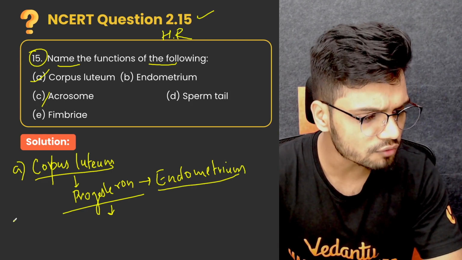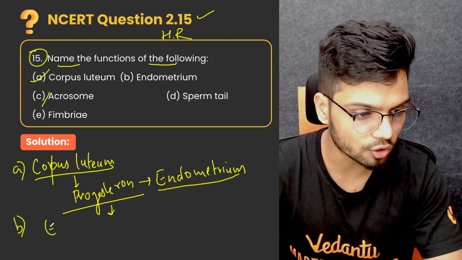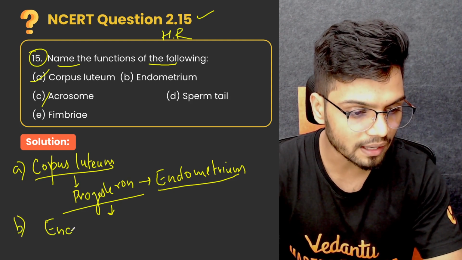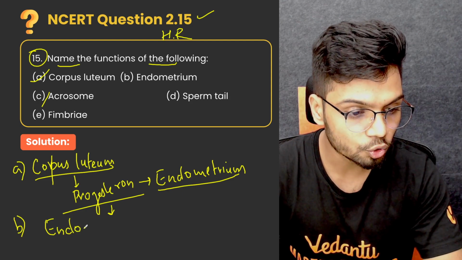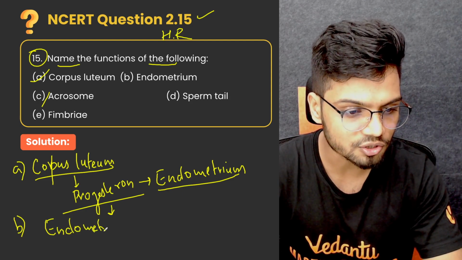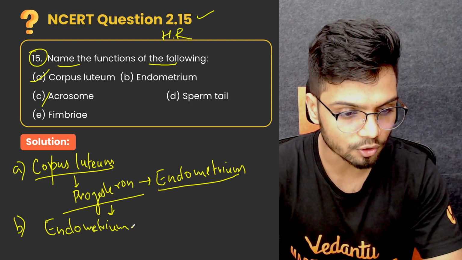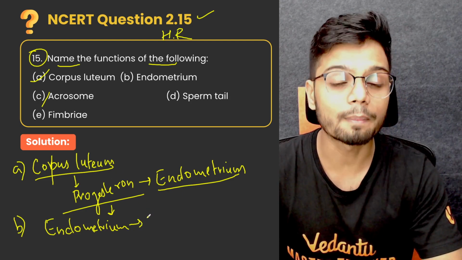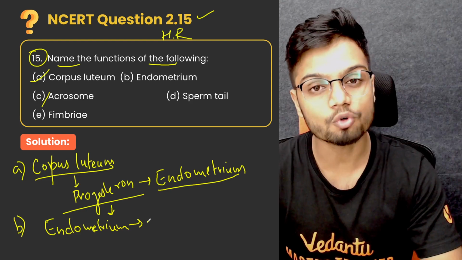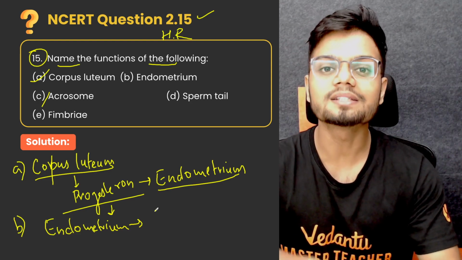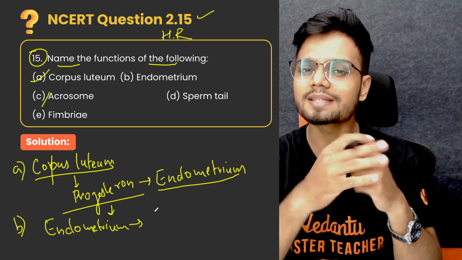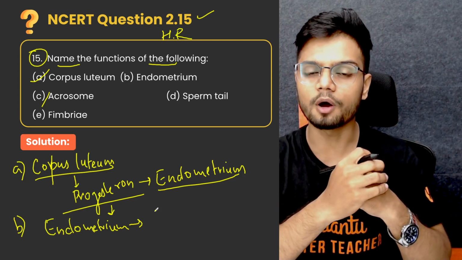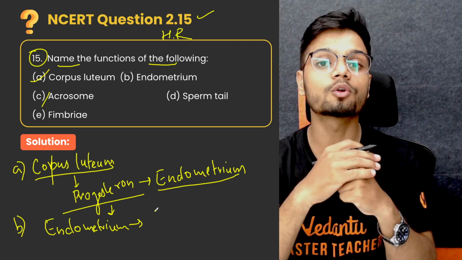Then what is the function of endometrium, sir? The function of endometrium is very simple. The main function of endometrium is to be prepared for implantation. Implantation of what? Implantation of your fertilized ovum. Once the ovum is fertilized, a zygote forms, that is the first cell. The zygote starts to undergo cleavage.